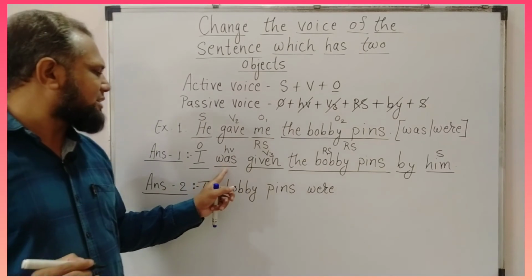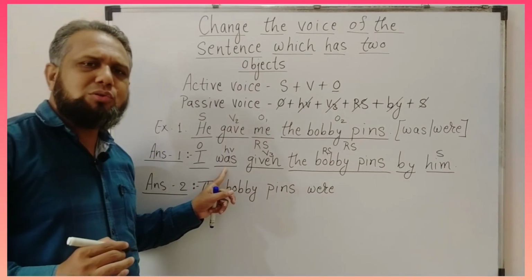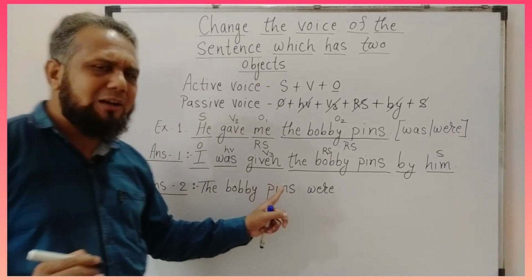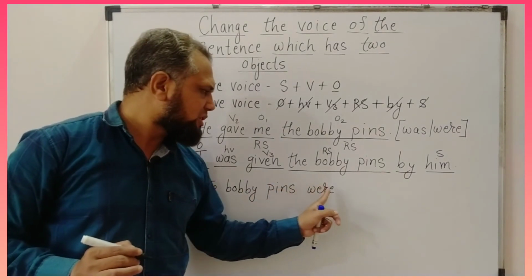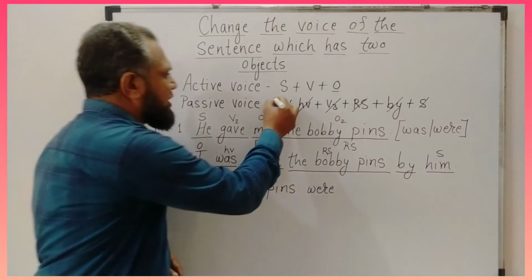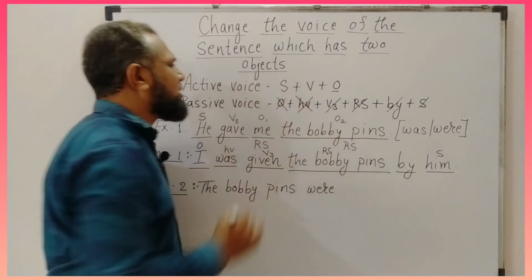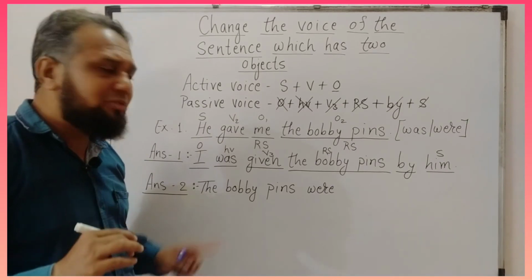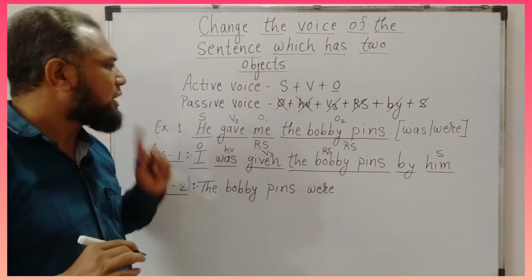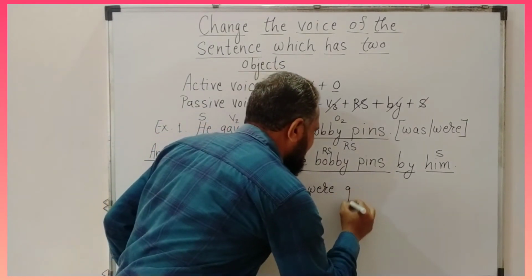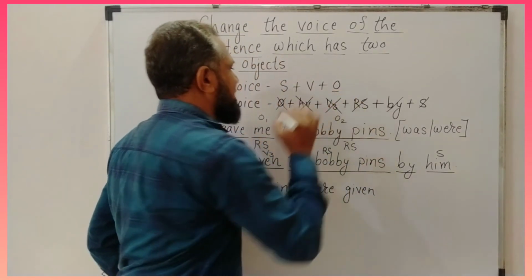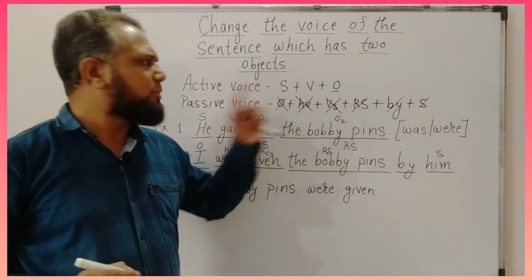In the first answer we have used was because I was singular, but the bobby pins are plural, therefore we will use were. So we have used object and helping verb. Thereafter, the third form of verb. Our verb is gave, and therefore the third form will be given.